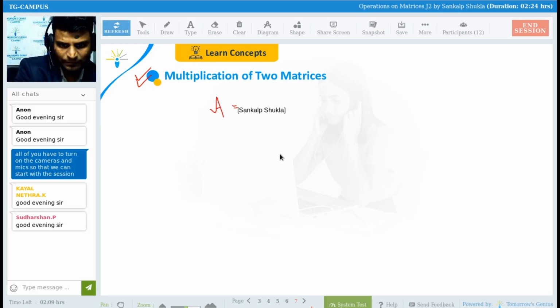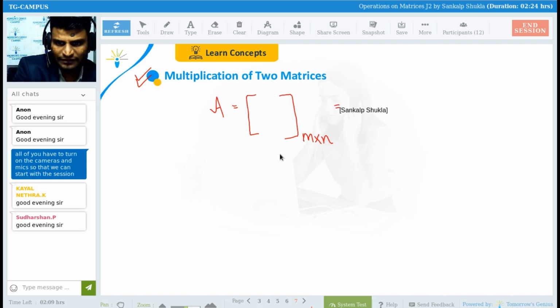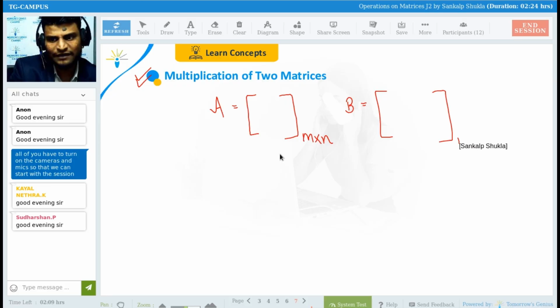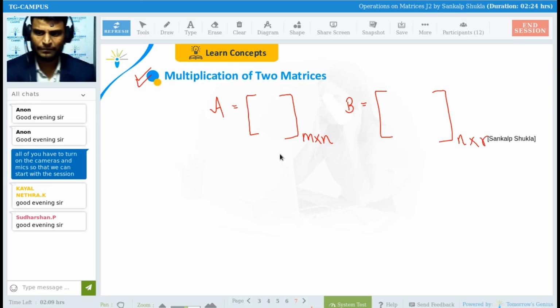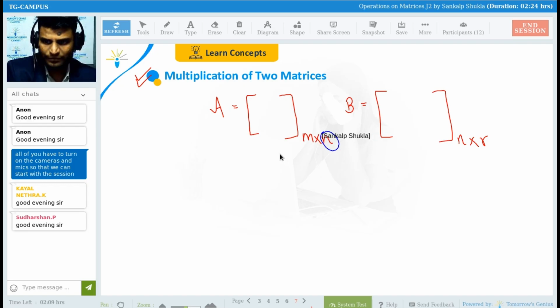Suppose matrix A is there, and the order is m cross n. And suppose matrix B is there, having its order as n cross r. You have to check these two numbers. What are these numbers?